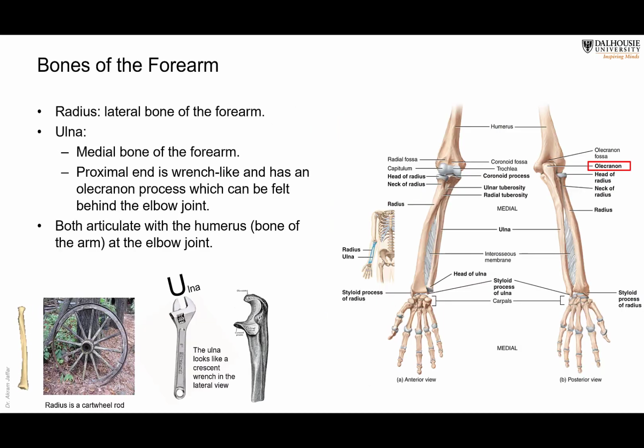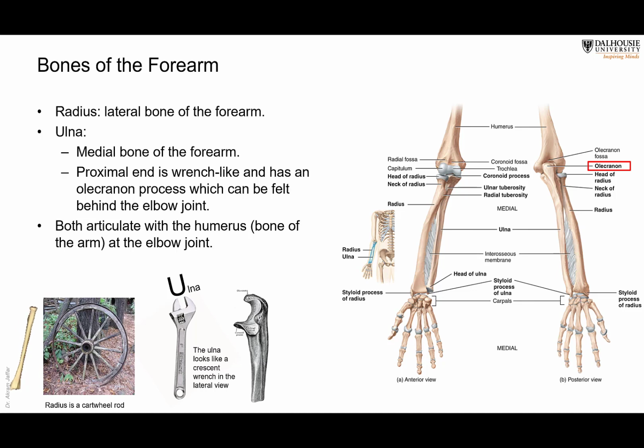The bones of the forearm, we have the medial and lateral one. The lateral is the radius, and the medial is the ulna. And you can see here, obviously, that the proximal end of the ulna looks wrench-like, like a U shape. This will help you to differentiate the radius from the ulna.